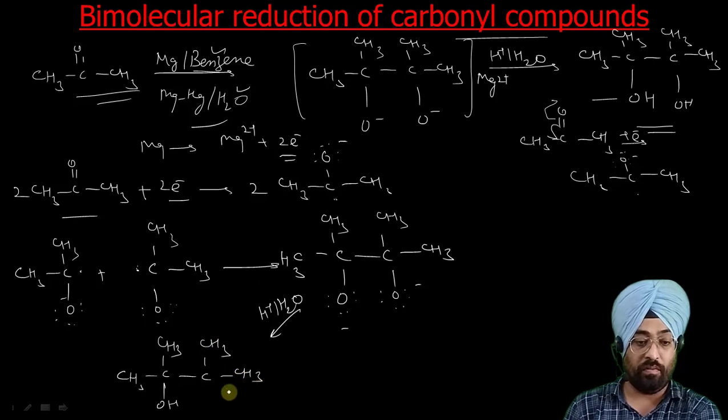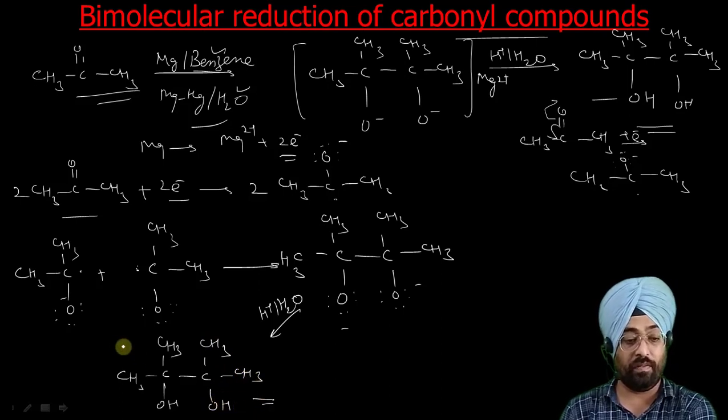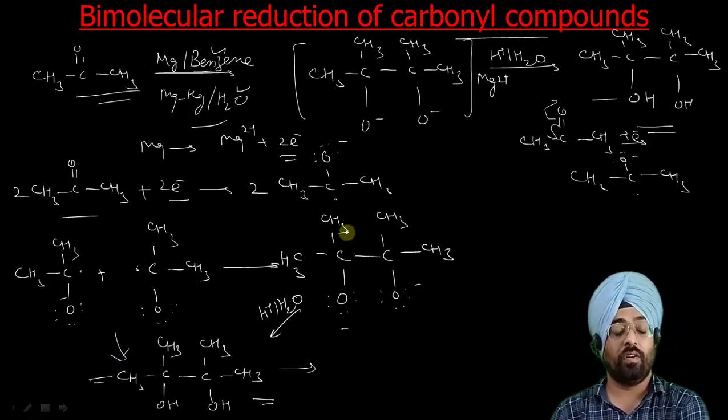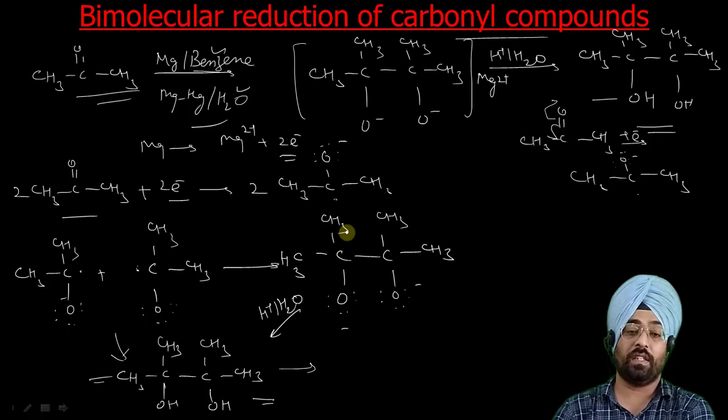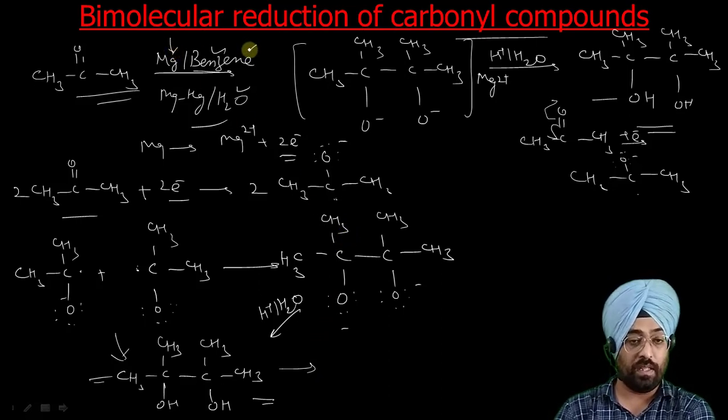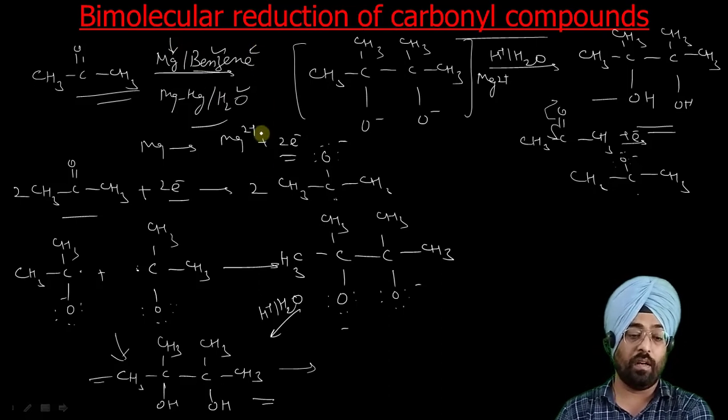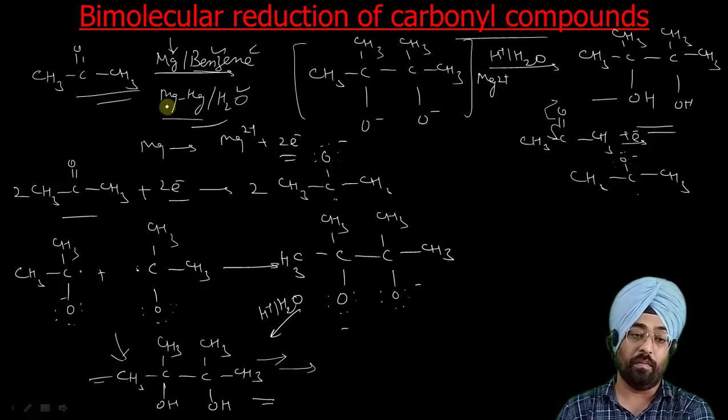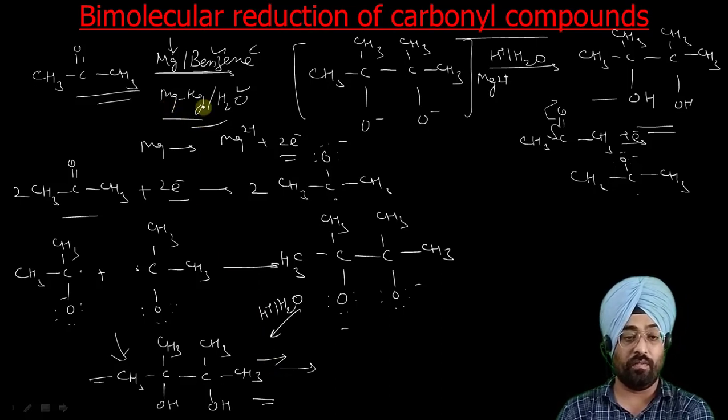We have one very important reaction, the pinacol-pinacolone rearrangement, where we will do a reaction with this compound. So that is how the bimolecular reduction of a carbonyl compound in the presence of magnesium using some inert solvent can lead to the formation of a diol. Or instead of magnesium, we can use its amalgam, the magnesium mercury amalgam, which is an alloy of mercury, and then we can do this reaction in water.